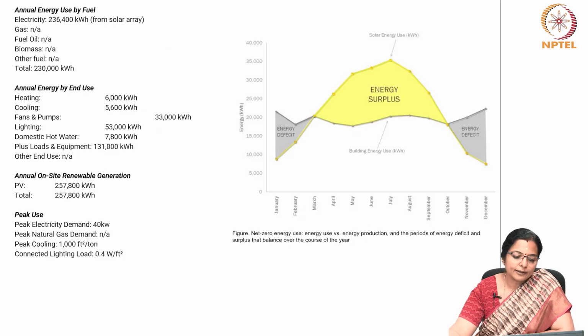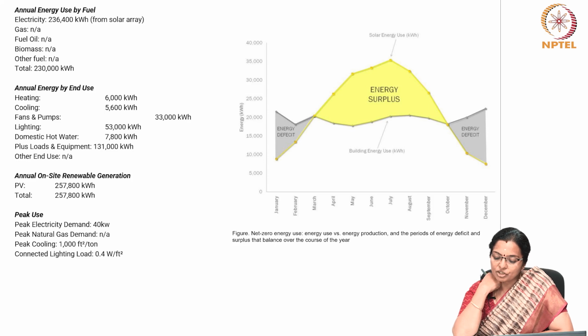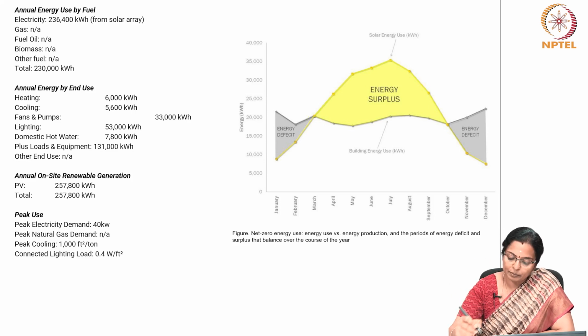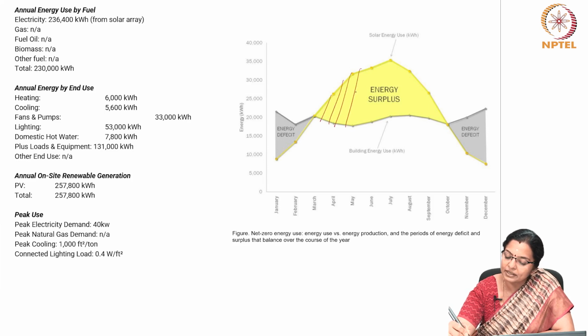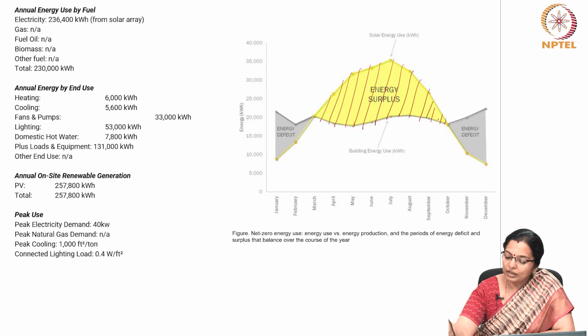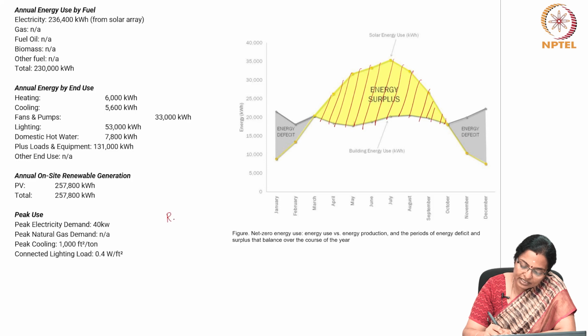Now, if we look at the actual energy used by fuel and end use and the annual on-site renewable energy, you can see that this building has been able to generate its energy in surplus. And therefore, this is an example of a regenerative building or an energy positive building.